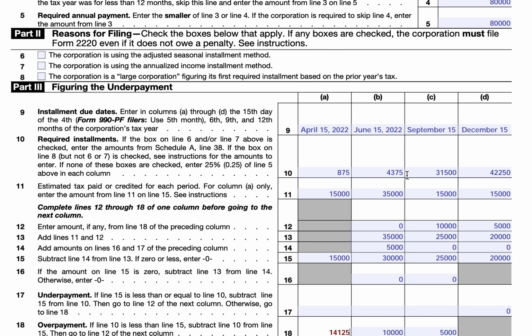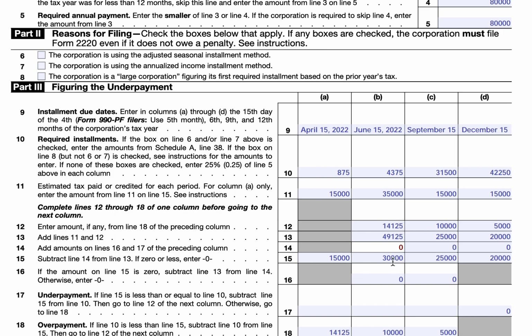So now we go up to column B. With our required installment of $43.75, we paid $35,000. So we're going to bring the $14,125 up here. We're going to add lines 11 and 12. We get $49,125. We're going to add any amounts from 16 and 17, and we don't have any.